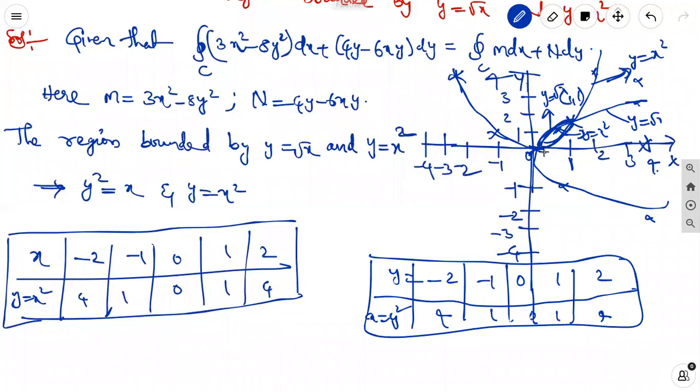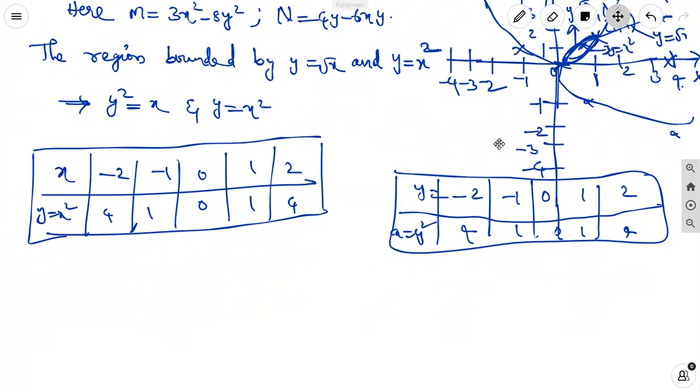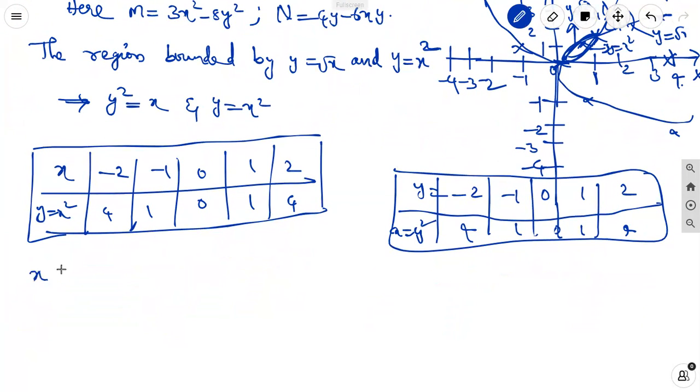The limits for the double integral: the meeting points are (0, 0) and (1, 1), so the x and y limits are 0 to 1, because the intersecting points are (0, 0) and (1, 1).